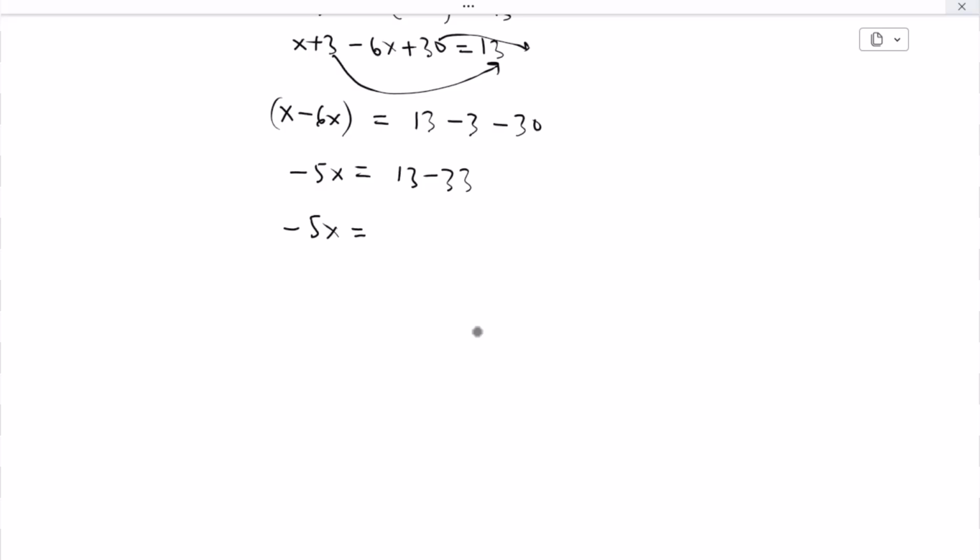That gives us a value of negative 20. We divide both sides by negative 5. This takes away this, and we have our x equal to negative 20 on negative 5, which gives us a value of 4. So in this case, our x equals 4.